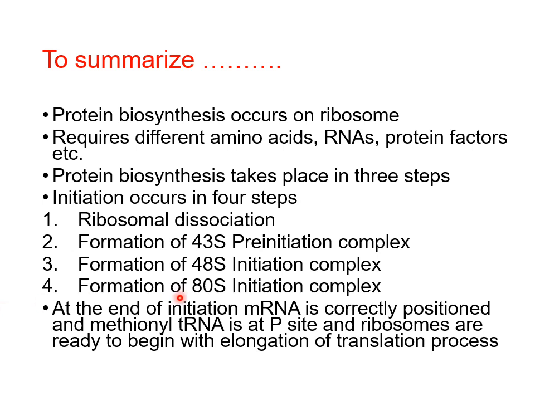At the end of the initiation, the mRNA is correctly positioned on the ribosome and methionine tRNA is at the P site, and the ribosome is ready to begin the elongation process. We will be studying the elongation and termination steps of protein biosynthesis in the next class along with post-translational modifications.